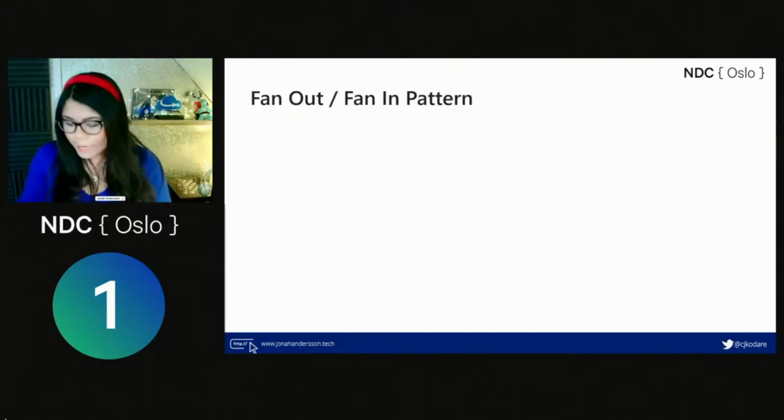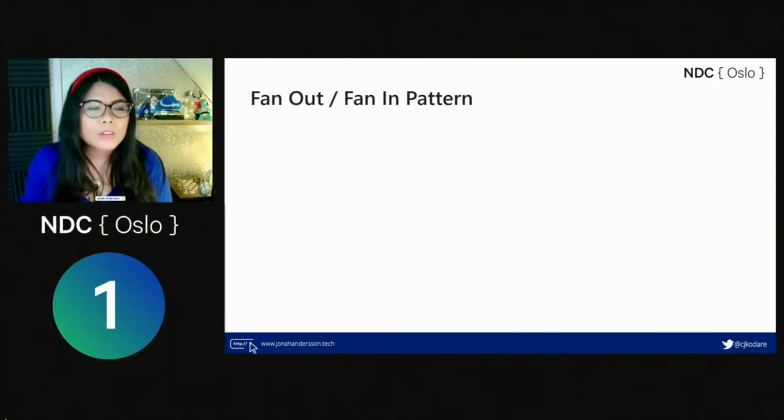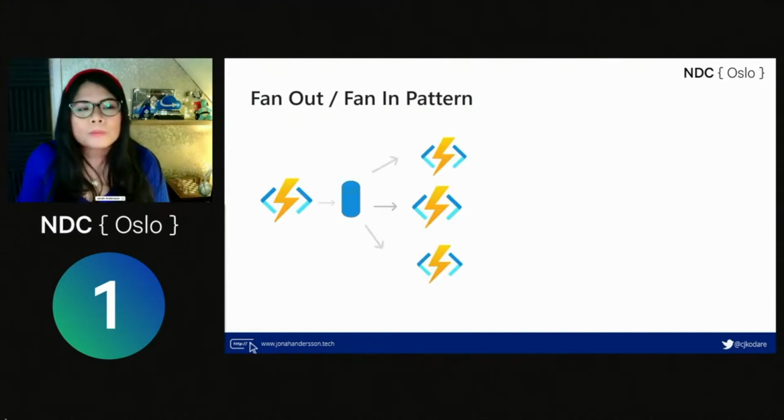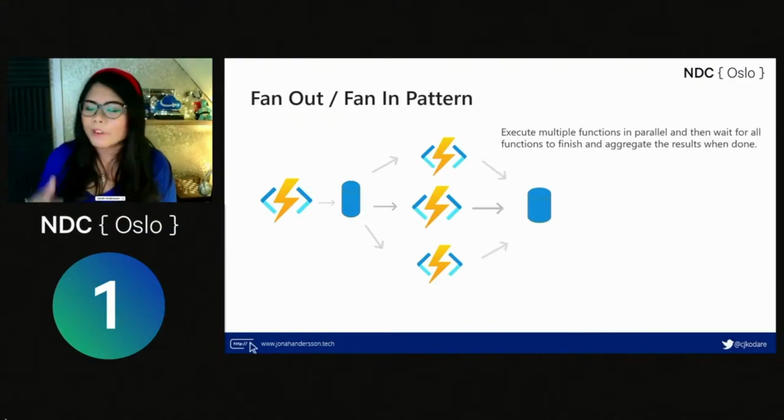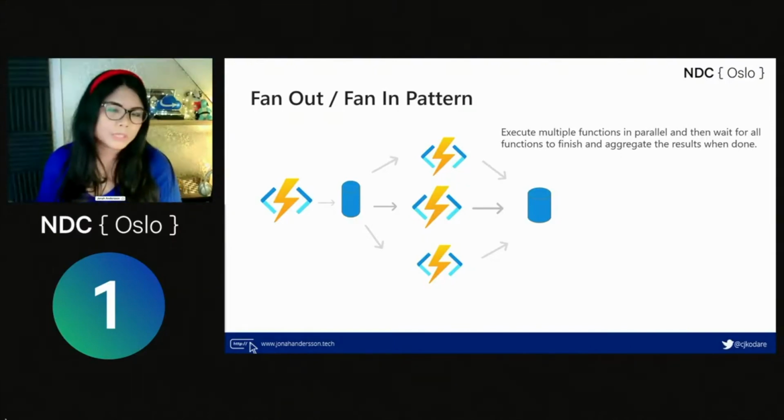And then the second pattern is the fan out, fan in pattern, which is useful in different use case scenarios. It is useful, for example, if you want to execute multiple functions in parallel and you want to aggregate the results as one when it's done.